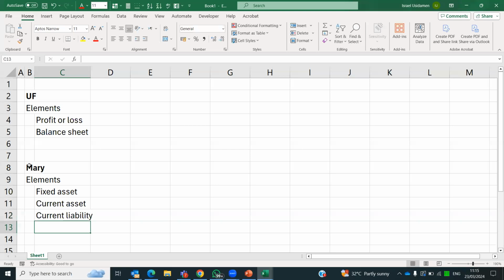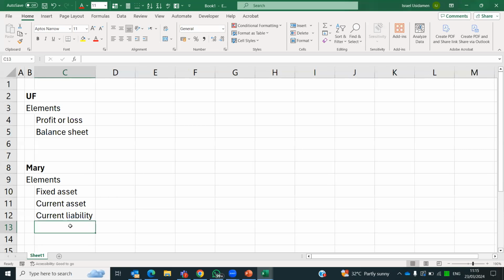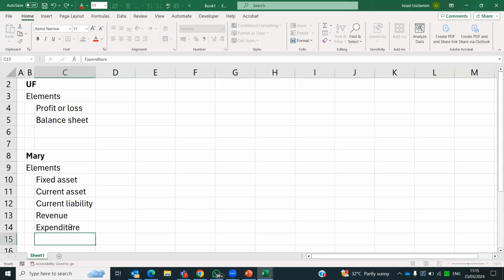We have for the profit and loss, the revenue. Of course, we have expenditure, which can be our OPEX or other cost of goods sold. Then for the balance sheet, we have expenditures, can be capital expenditures.